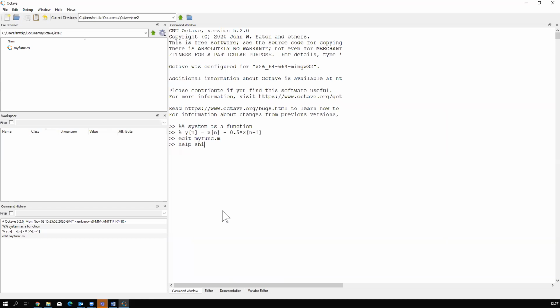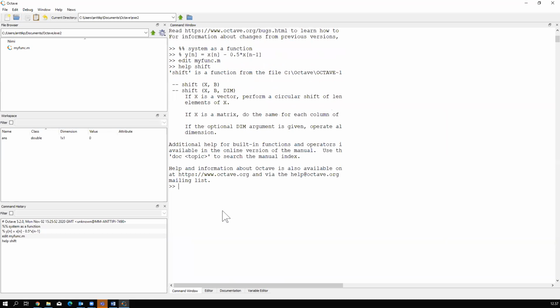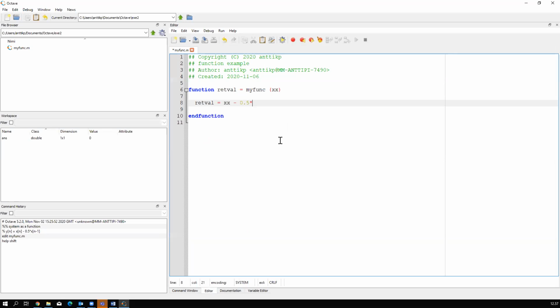I think we have. Circular shift, that will do. X and 1, and this is circular shift. It doesn't matter, it does the shift. It just also produces an artifact. Shift by 1.